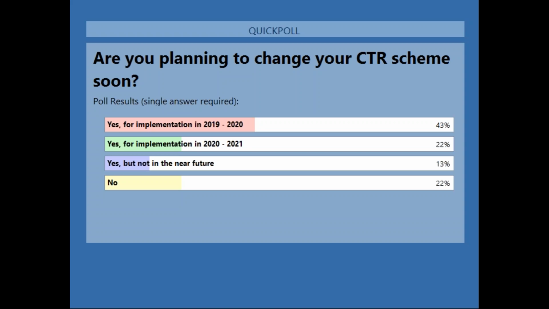I think a lot of local authorities are thinking, let's just tweak for 1819 and move over to a new scheme in 1920. There's also the political impact, depending on how your local authority elections are set up. For many authorities, what will happen in May will determine which way they go. So they might be modelling at this stage, ready to give some guidance to any incoming administration, but the decision can't be made till after, and so then they'll be looking at 1920 or 2021.